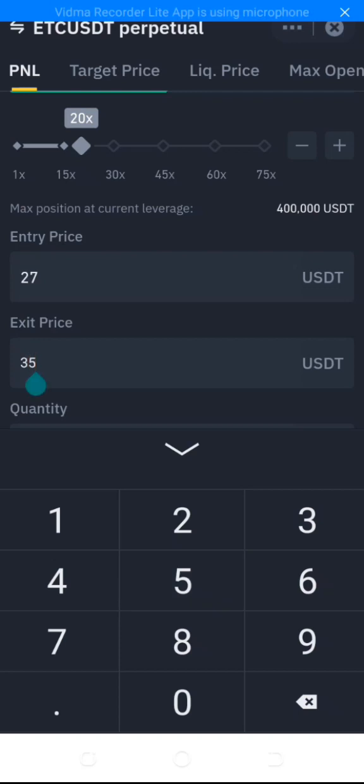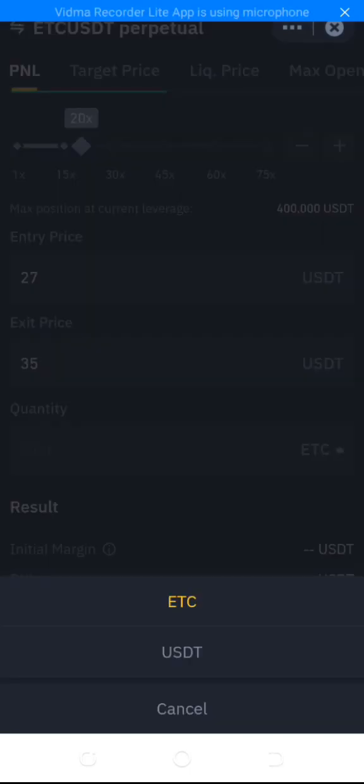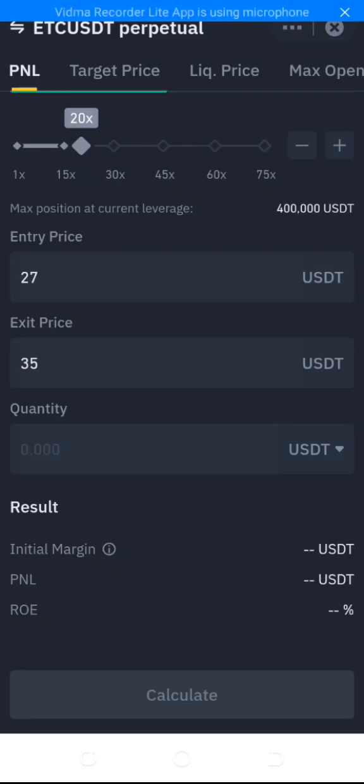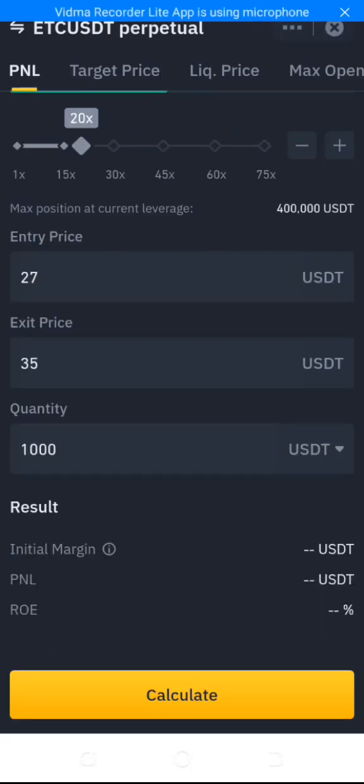All right. Then I will now have to choose the quantity of USDT I want to use for this trade. So now this is where leverage comes in. Now I don't have up to $1,000 in my account, but let's assume I want to trade with $1,000. For instance, I left the leverage at 20x. Okay, so let me calculate and see what I need to start this trade.